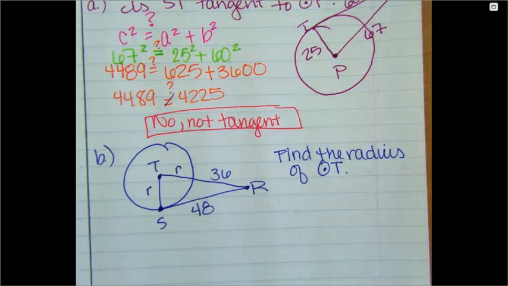This one says that this is a tangent. Do you understand? It's telling me they have a tangent. Wonderful. It wants me to find the radius of circle T.